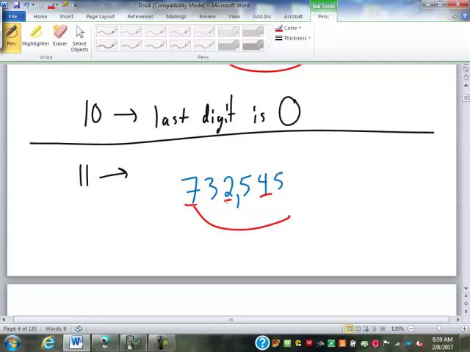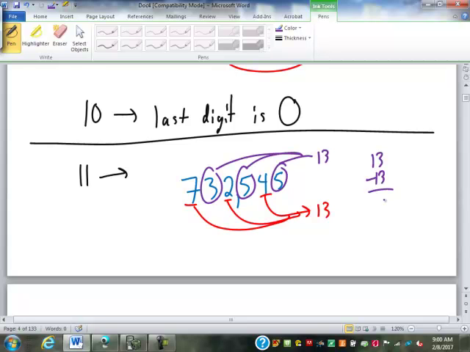You add those up. 7 plus 2 plus 4 is 13, right? Then take the other digits that are left. Add them up. 3 plus 5 is 13. Then you subtract. If the difference is either 0 or divisible by 11, the whole number is divisible by 11. So 0, 11, 22, 33.